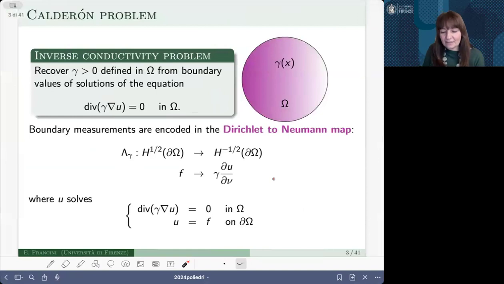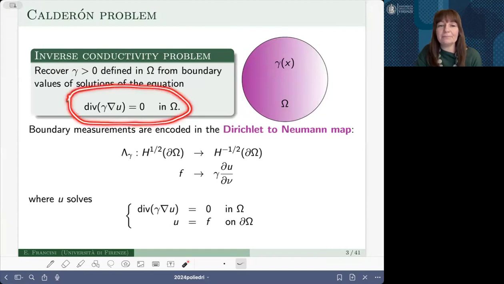So let me start very briefly introducing the inverse conductivity problem that you all know already, just to fix notations. I call the inverse conductivity problem the problem of recovering a coefficient gamma defined inside the domain omega from boundary values of the solution of the equation that has gamma as a main coefficient.